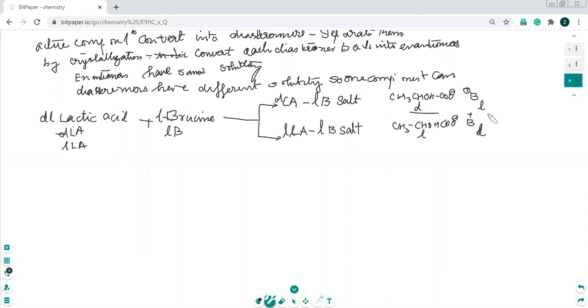But this side of the molecule are identical. That is what you have to understand. See, this is a salt. The salt has two parts. Remember, this is a single compound. They are not two compounds. It's a single compound, out of which one carbon is enantiomeric, the other carbon is identical. That means overall the molecule is a diastereomeric mixture.